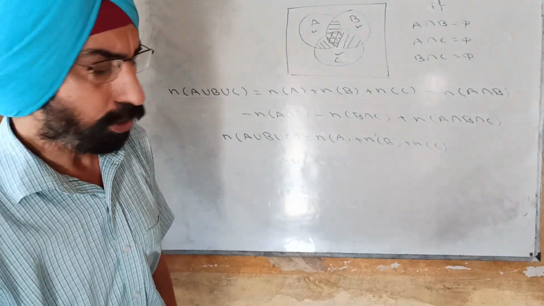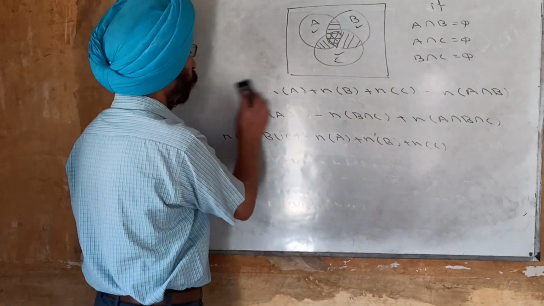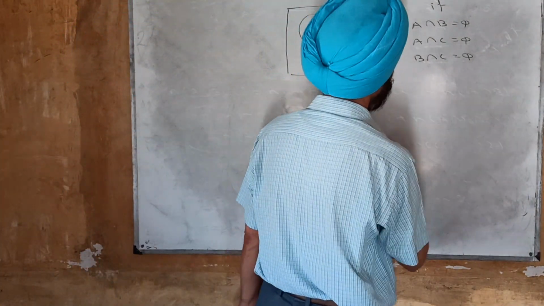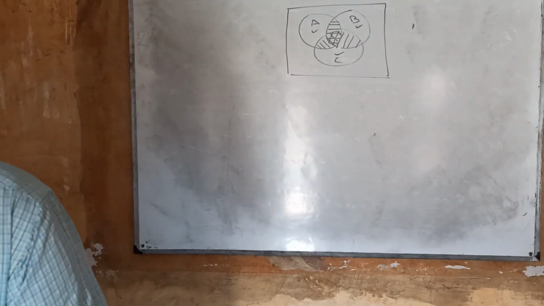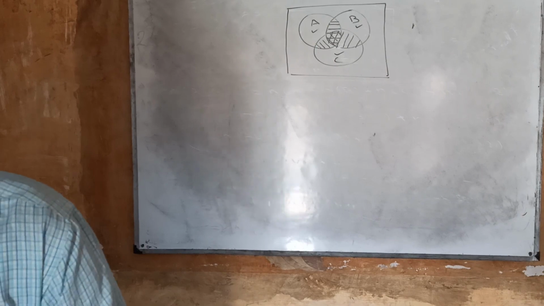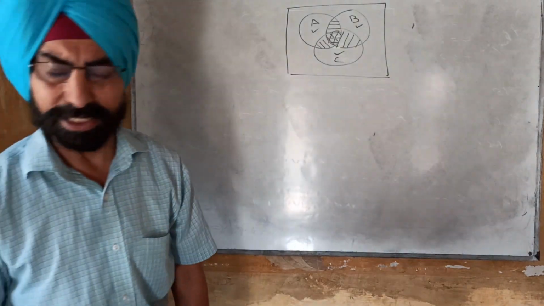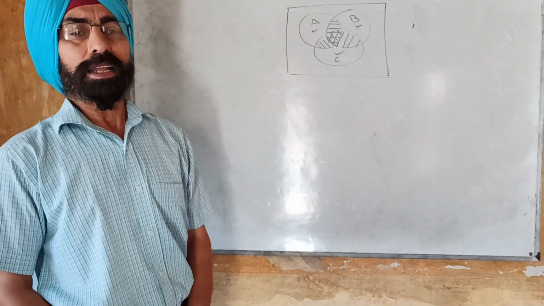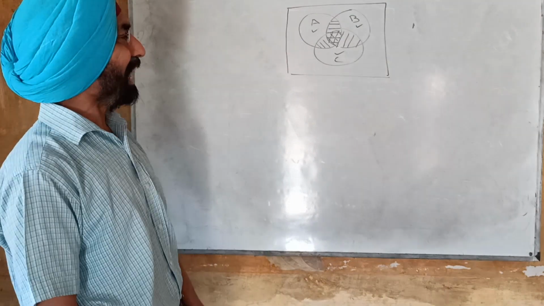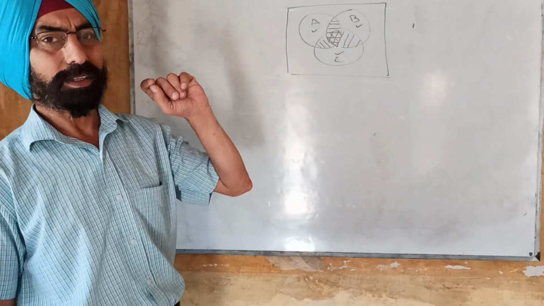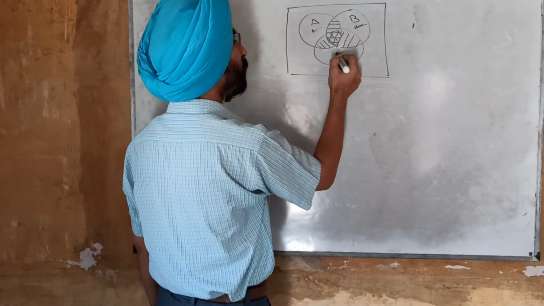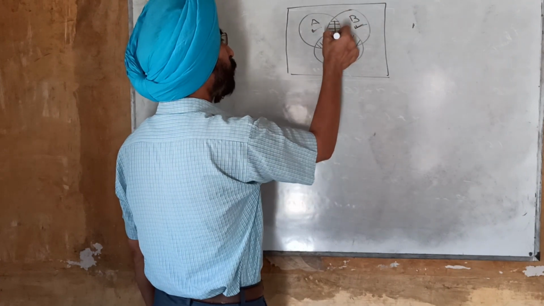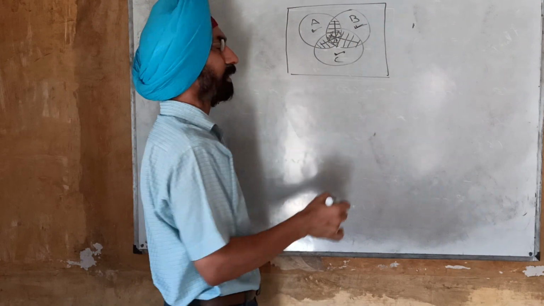Now come on to another very important formula in such cases. That is, if we have the three sets, suppose you are asked the number of elements in exactly one set. That means this portion plus this portion plus this portion. We don't want these portions.